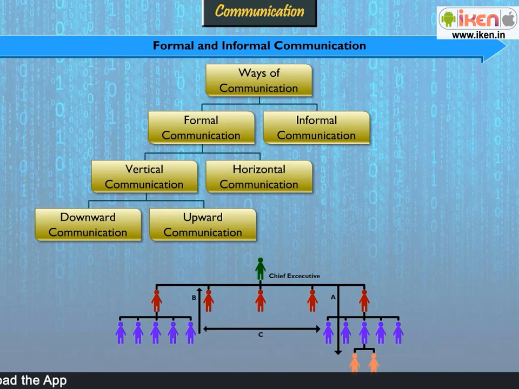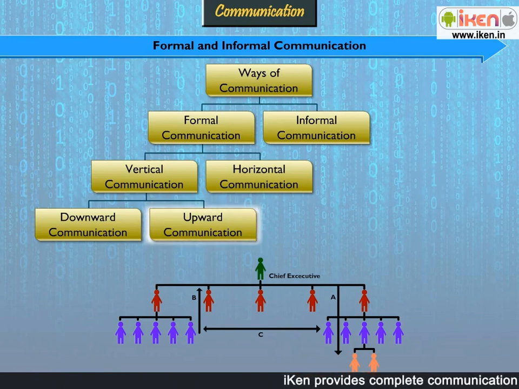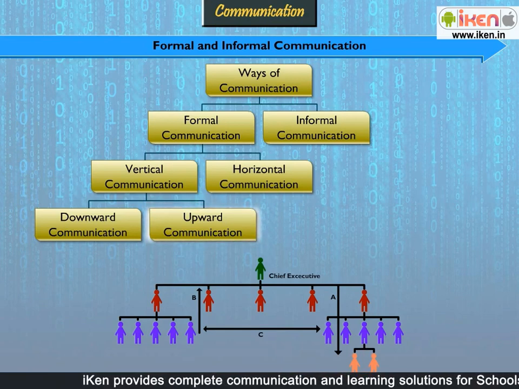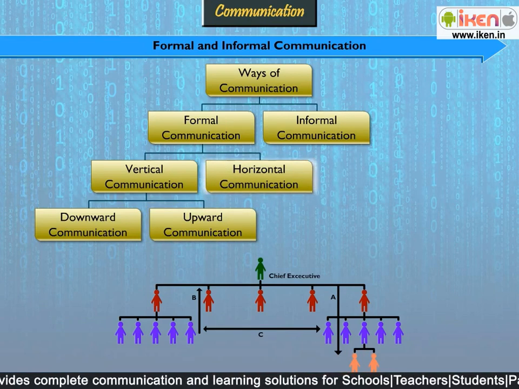If the communication flows from subordinate to superior, then it is upward communication. For example, application for grant of leave, submission of progress report, request for grants, etc. It is explained by arrow B in the organization chart.